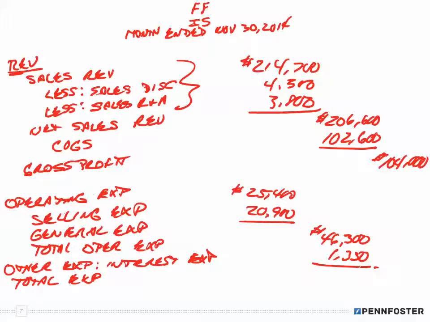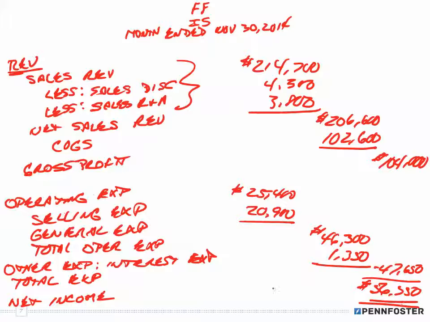That's 47,650. Okay, so that's 47,650. And then here would end up being my net income, which ends up being 56,350, and double underline because it's the end of the mathematical calculation.